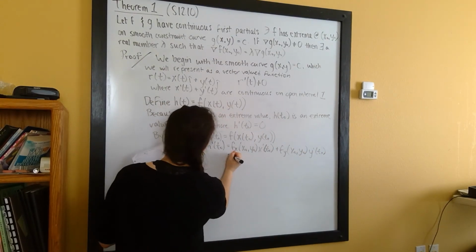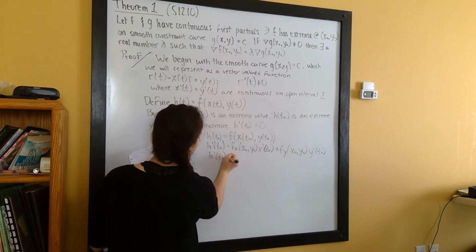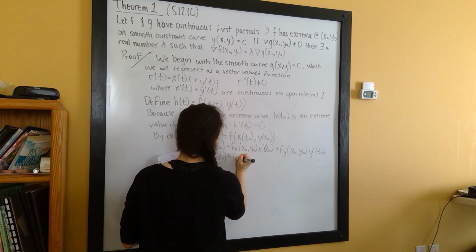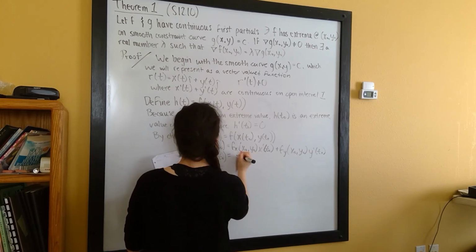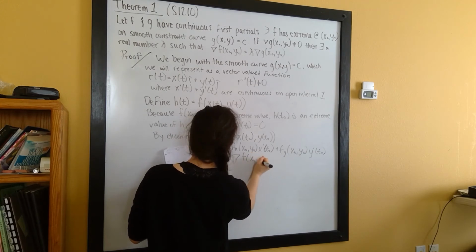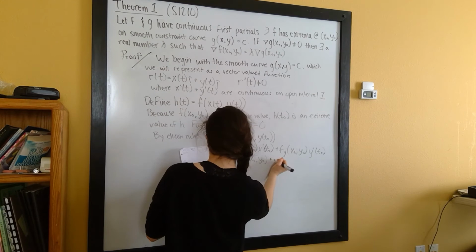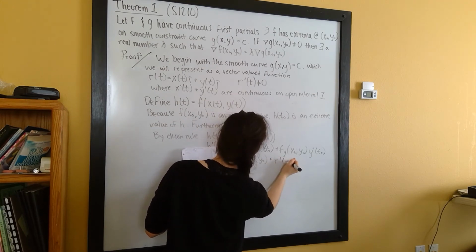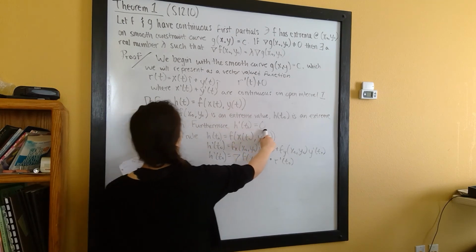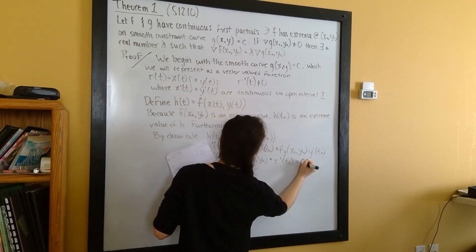And this could be rewritten as the gradient of f at x naught, y naught multiplied by r prime of t naught. And because it's an extreme value, we know that the derivative is going to be 0. So that is all equal to 0.